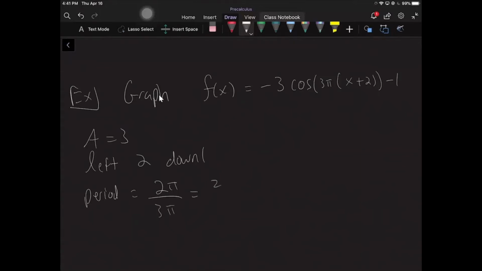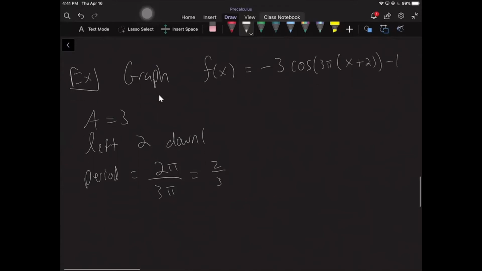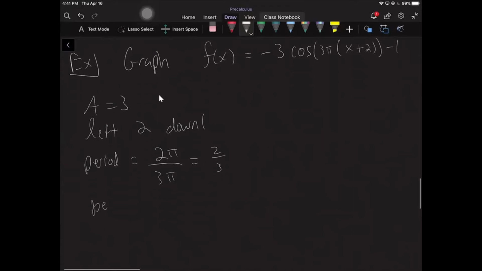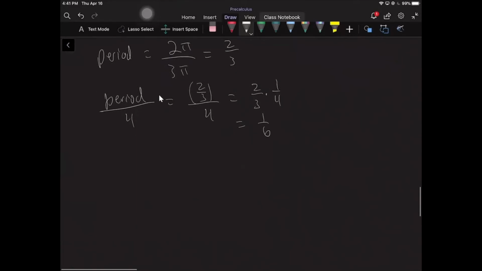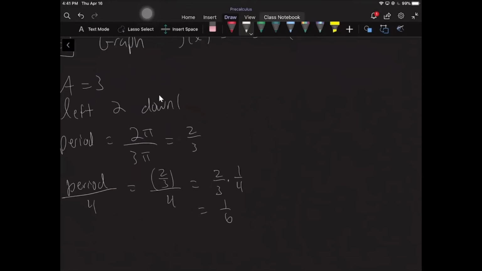And what happens is that the pi's cancel, so you get a period that doesn't have a pi in it. And then you take your period, you cut it into fourths, that still works the same. 2/3 divided by 4 is 2/3 times a fourth, which is 1/6. So everything will work the same. It just seems like it might be different. Okay, so then we can graph.